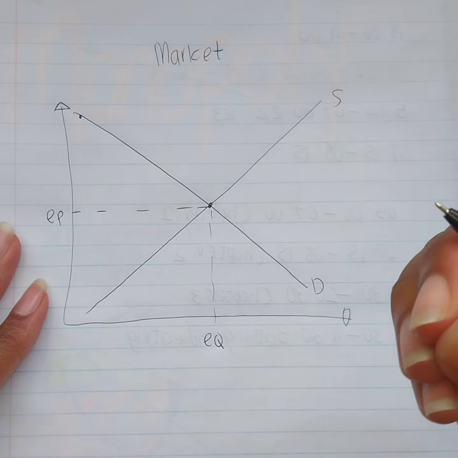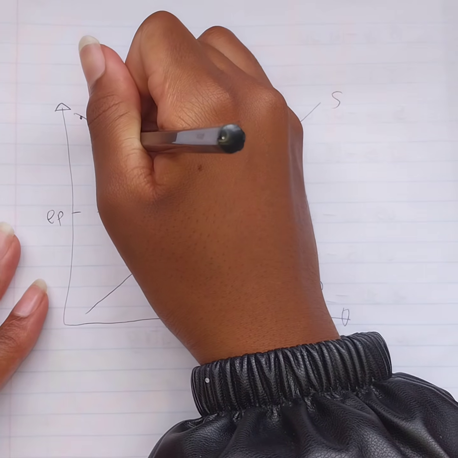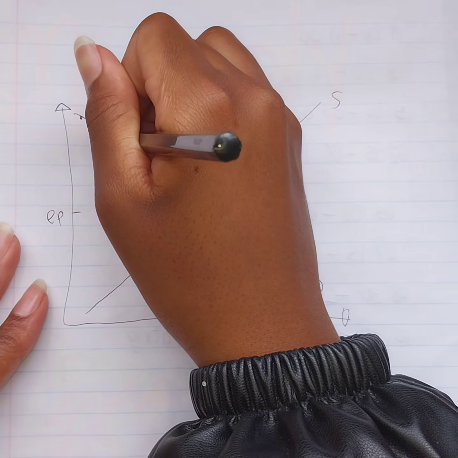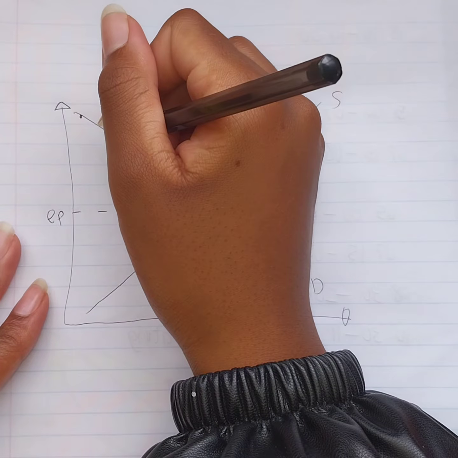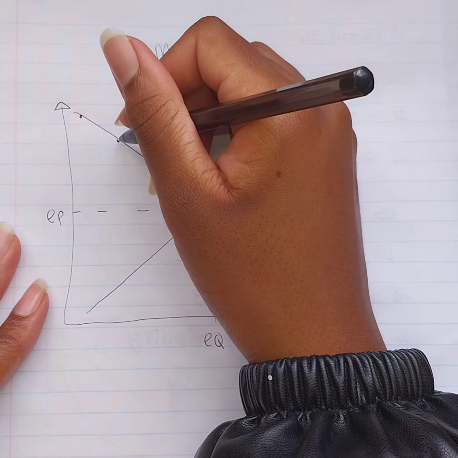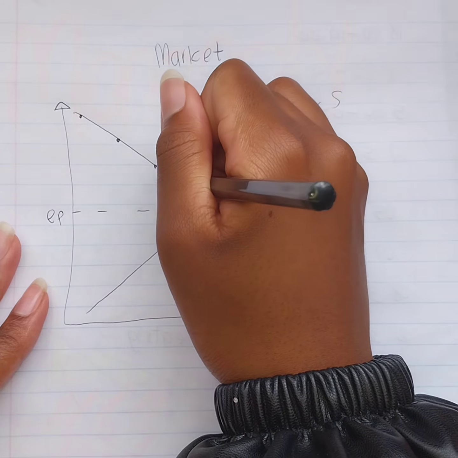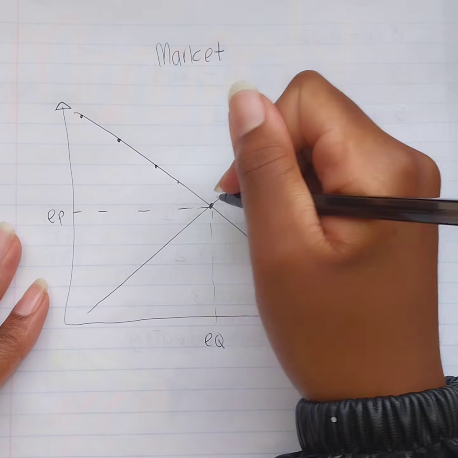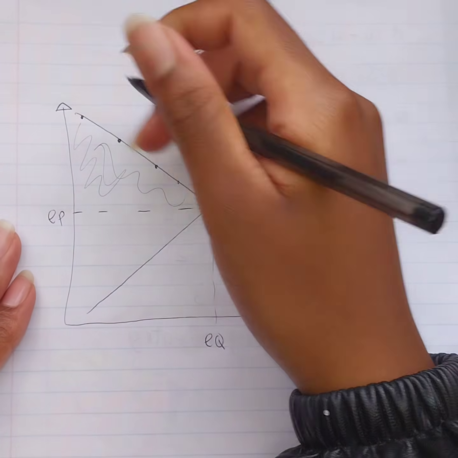You were willing to pay 100 Rand, but the market made you pay 60 Rand. So the 40 Rand is your consumer surplus. The second one was willing to pay 40 Rand, but the market made them pay 20 Rand. So their consumer surplus will be the difference between the market price and what they were willing to pay. The list goes on and on until you get here. So we call this whole area consumer surplus.